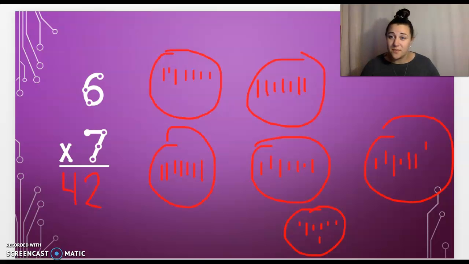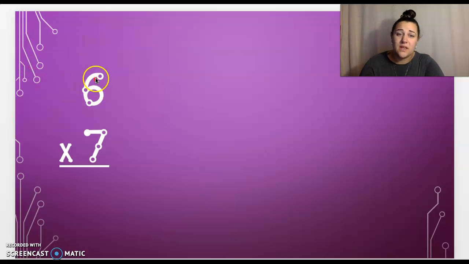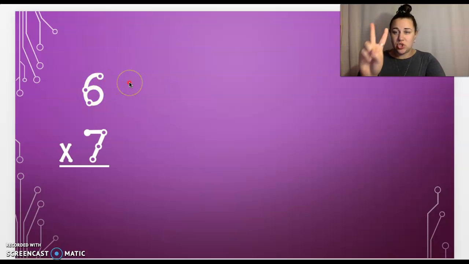Ta-da! There we go. So now to try our other way, to make sure that we also did this correctly, right? We can skip count on our touch points. So our first number is the number we're going to skip count on, and our second number tells us what to skip count by. So we're going to skip count by 7 on our 6. Now remember, these special dots, they look different than this one. They stand for 2 touch points.